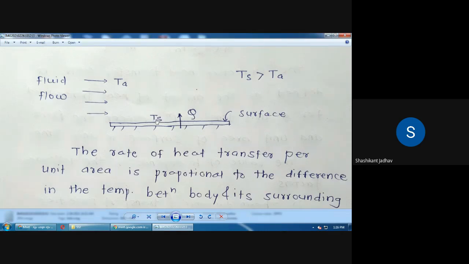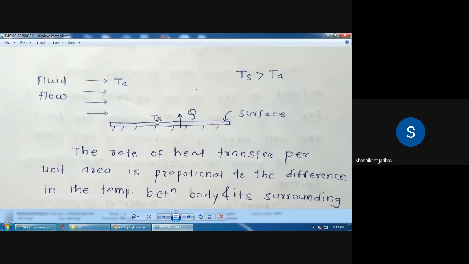On that surface fluid or air flows, and due to that heat transfer between the molecules takes place, that is convection, because the air or fluid molecules gain energy from the surface and move in the forward direction. In this way the molecules gain energy and change their location from one position to another, so heat transfer takes place due to the motion of the molecules.